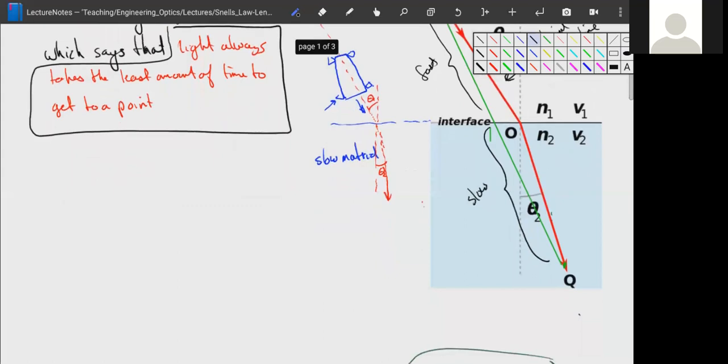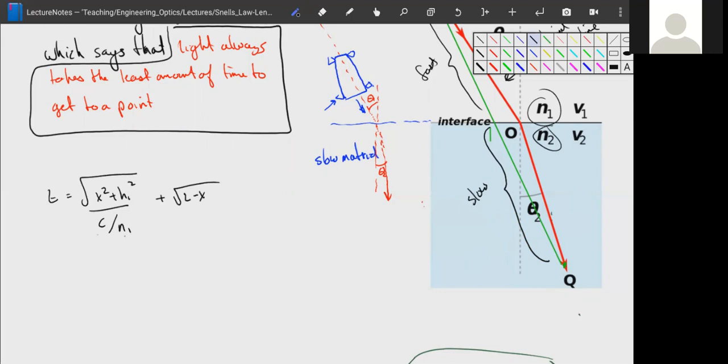The way that looks is that the time geometrically, T, is equal to the square root of x squared plus h1 squared divided by c divided by n1. Remember, this is the speed of light divided by the index of refraction n1, the top, and n2 is the bottom. Plus the square root of (L minus x) squared plus h2 squared divided by c divided by n2.